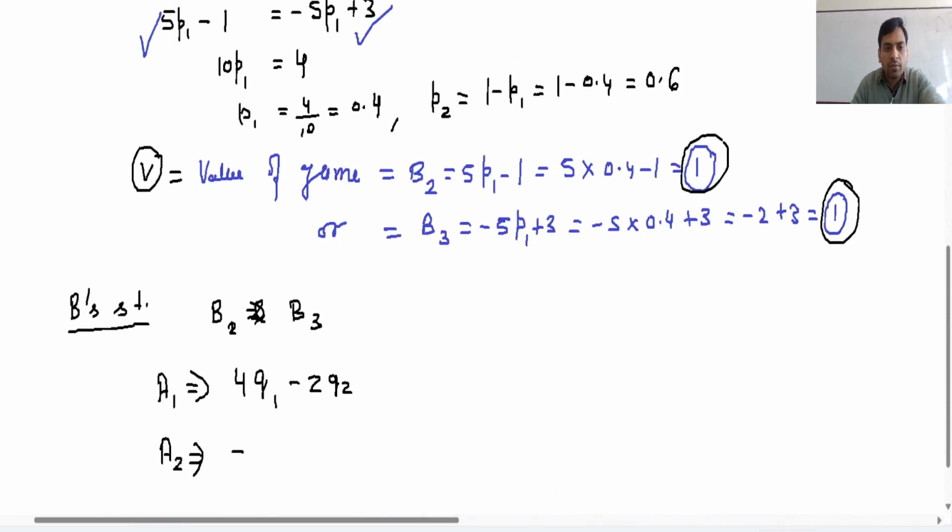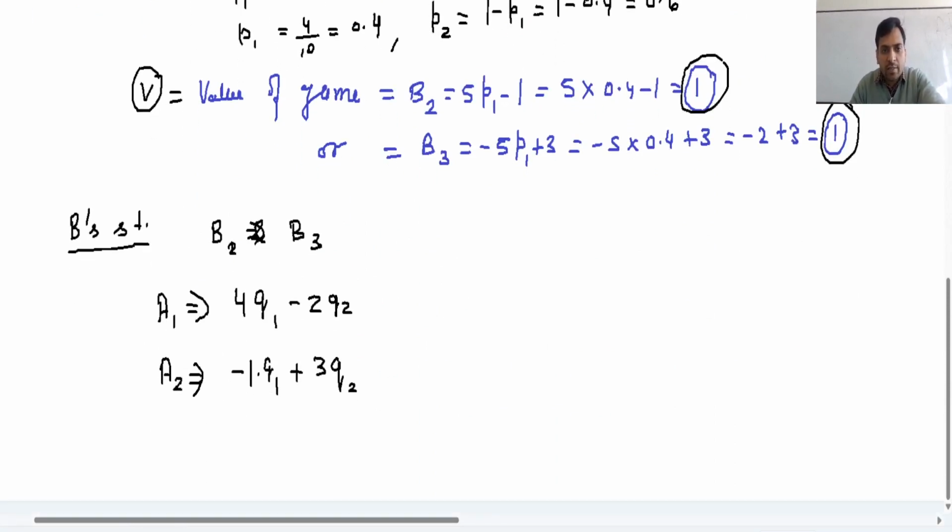So minus 1 Q1 plus 3 into Q2. Now we will equate these strategies, and we can replace this Q2 by 1 minus Q1 also. So I am replacing this also.